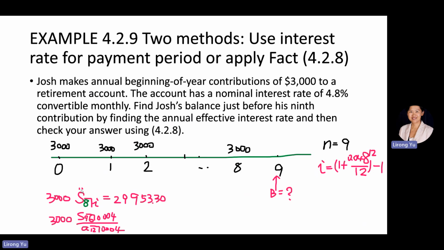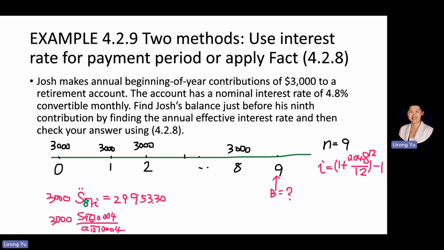We're trying to find its future value because we're trying to find the balance before his ninth contribution. That means he hasn't made the ninth contribution yet, so the total number of payments is 8. And we've got to find the annual interest rate i, so that will allow us to do the calculation.